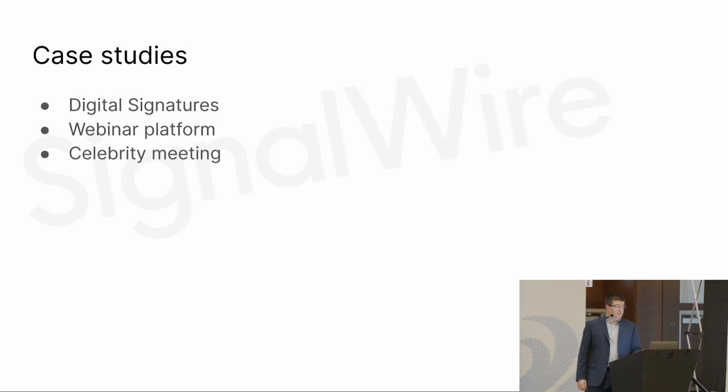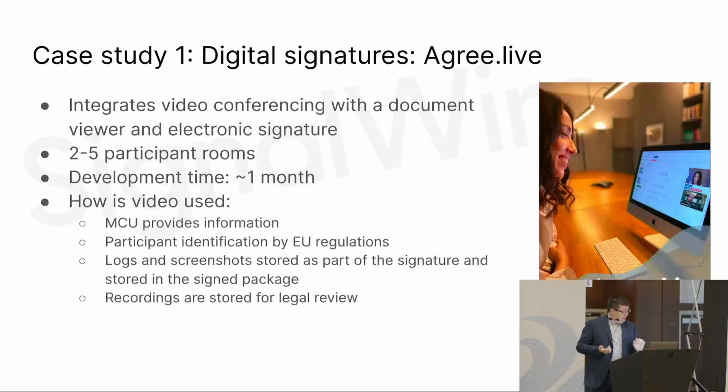So we're going to start from digital signatures. Then we're going into a webinar platform, and now we're going into a celebrity meeting product that's an upcoming AAA product, like you see launches and advertisements and stuff. I'm sort of giving you an anticipation. For the first 2 case studies, I can go a little bit in depth and even give you names. On the third product, I will have to stay as vague as possible, but I'll show you the technology, which is still a good starting point.